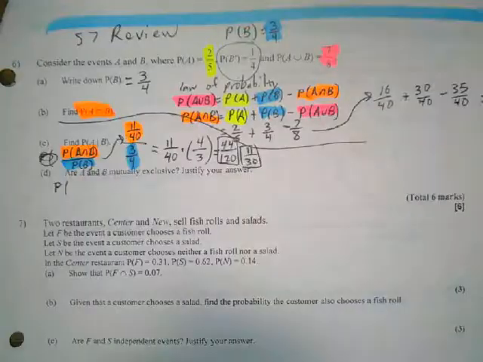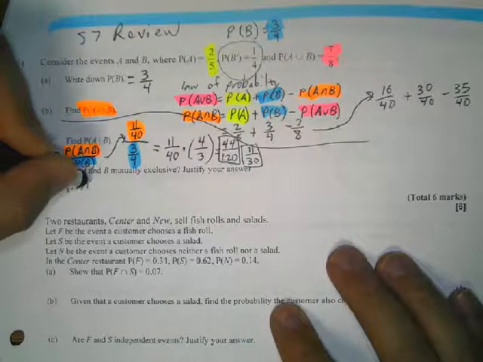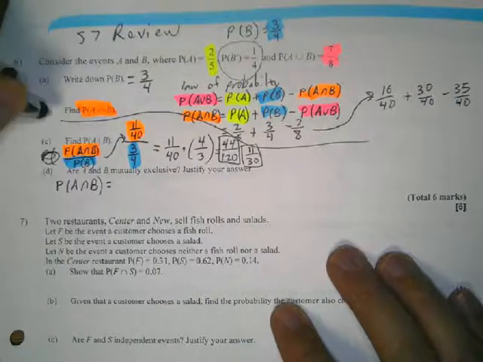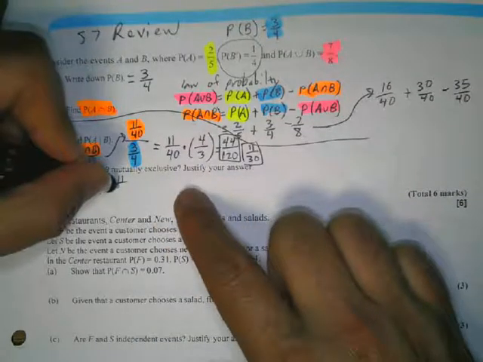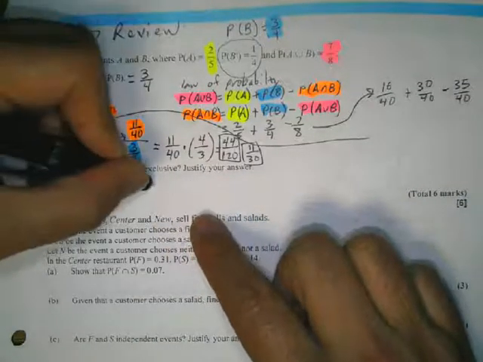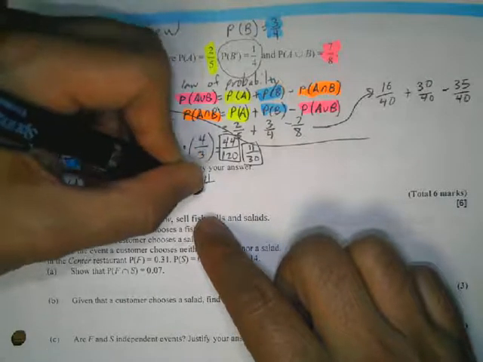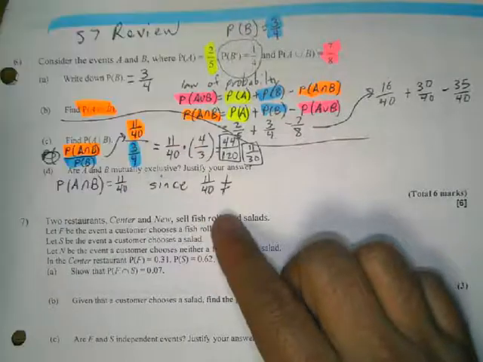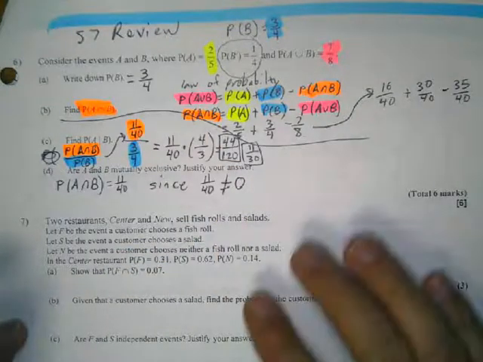Well, we already know that the intersection of A and B is equal to the orange value, 11 over 40, right? And so we can say, since 11 out of 40 is not equal to 0, it is not mutually exclusive.